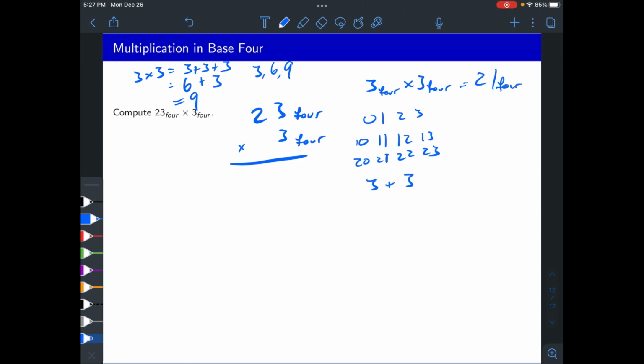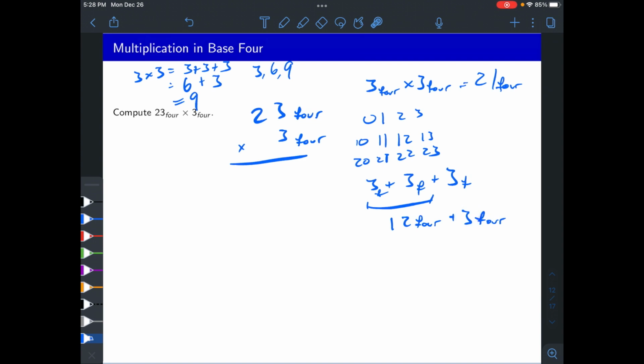If you wanted to think about this in terms of repeated addition, 3 base 4 plus 3 base 4 plus 3 base 4. What's 3 plus 3 base 4? Well, I could borrow 1 from the 2 to make 3 plus 1 equal to 1 group of 4. 1 group of 4 with 2 left over is 1, 2 base 4. And then 1, 2 base 4 plus another 3 base 4. I want to borrow from this to combine with this to make a group of 4.